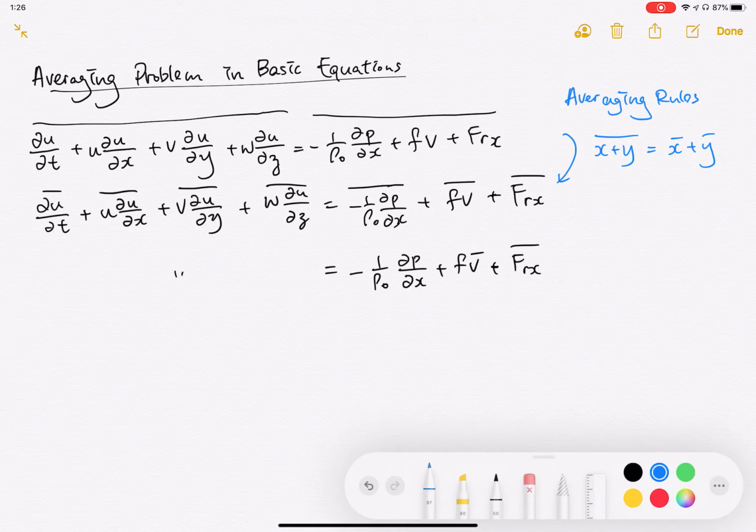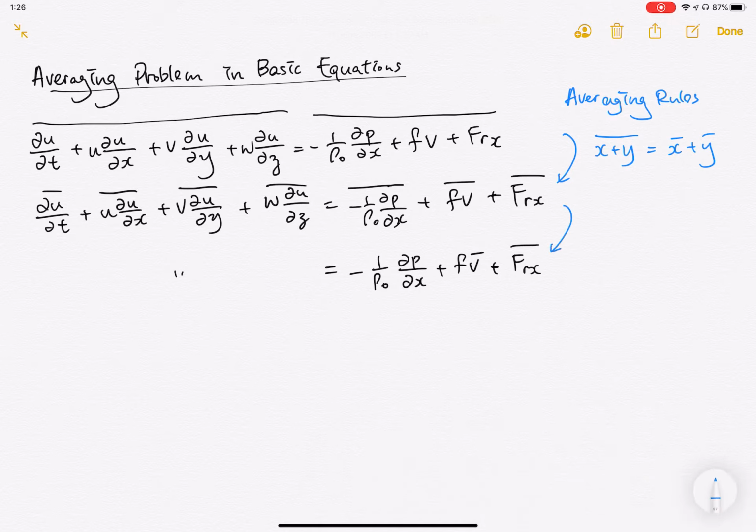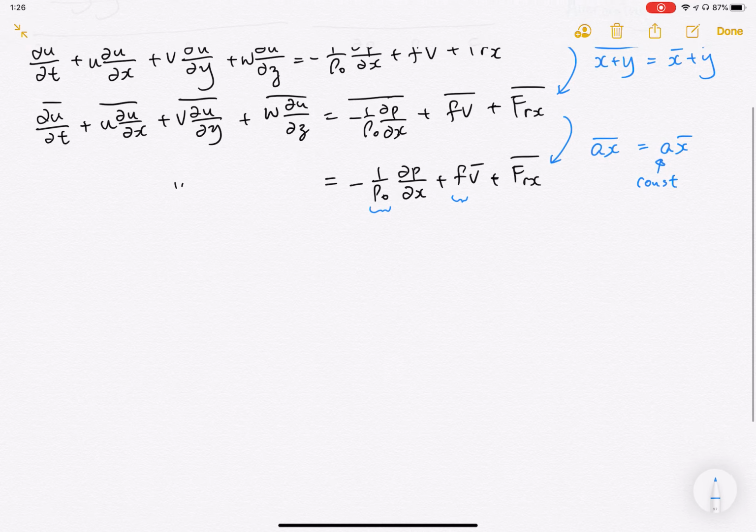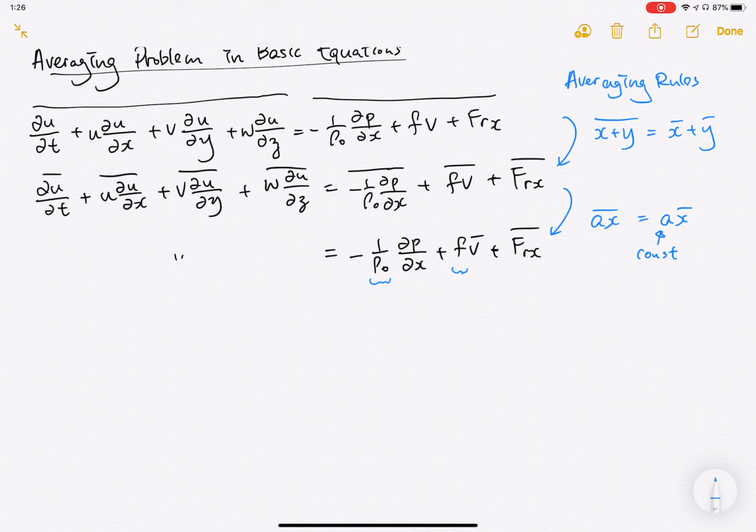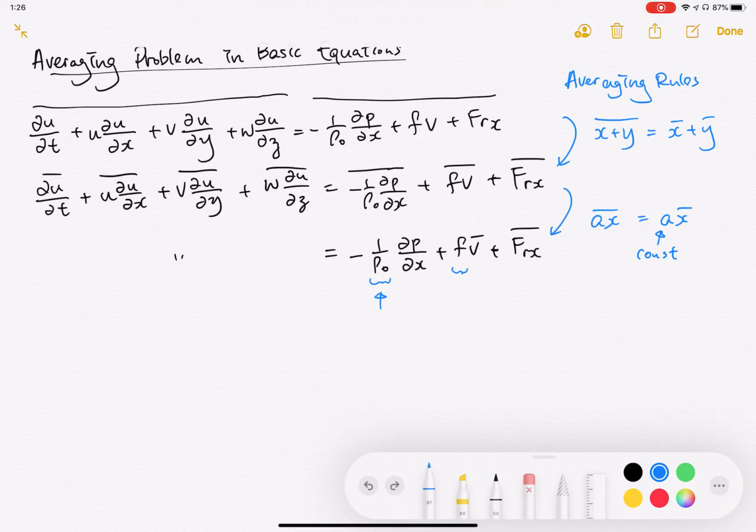Okay, and then what we have applied here is this averaging rule, and A being a constant. And we know that this rho naught and f are constants in the planetary boundary layer. If you want to know why this is constant, please take 4520. Okay, I'm not going to explain that in this course.